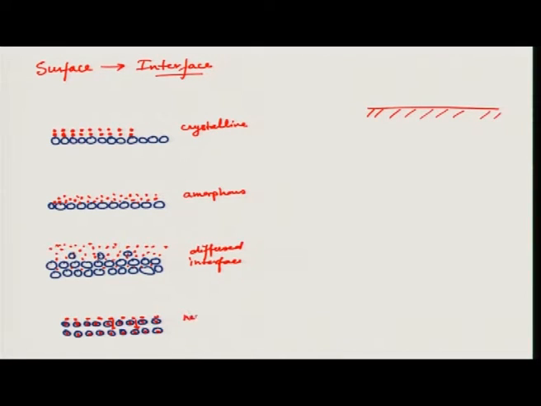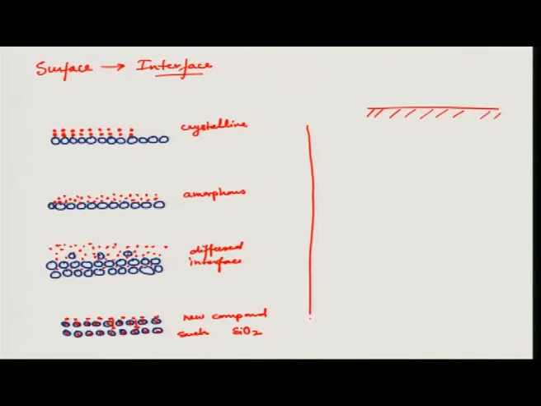Okay. Such as silicon oxide. Okay. If you take a silicon surface and diffuse oxygen atoms into this at a higher temperature, the oxygen atoms will bond to silicon and form a silicon oxide thin film. Okay. So, these are the various kinds of interfaces which you can expect.